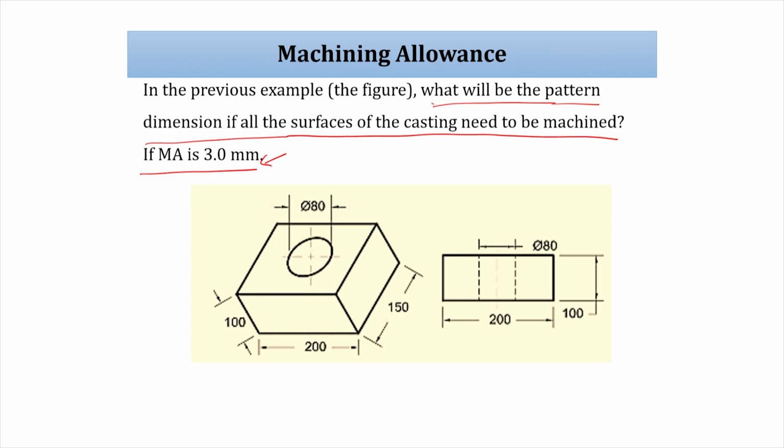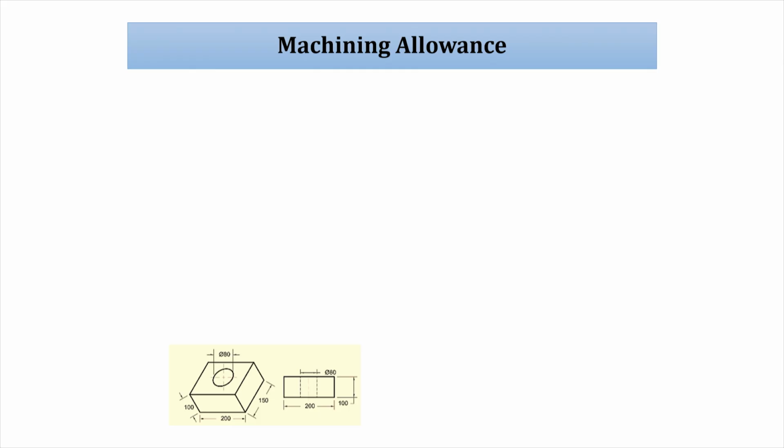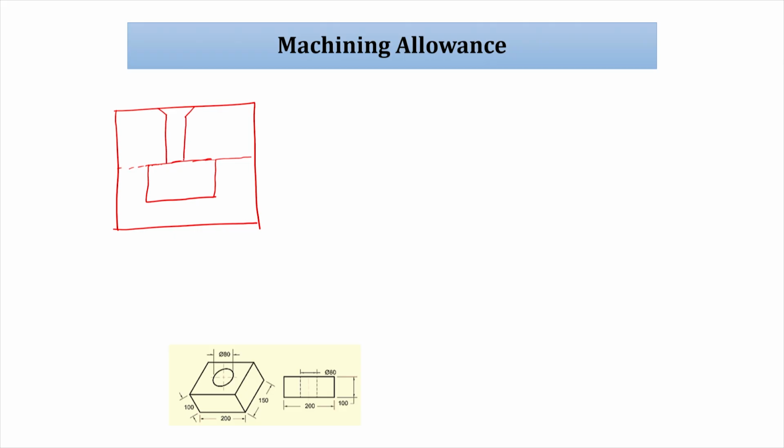So, you do not have to think too much, you have to follow this numerical problem according to the given chart. Okay. So, first you have to decide where you are going to keep this, in cope and drag or parting plane. So, I am assuming that this is my mold and this is my parting plane and this is my initial design: 200 mm, the height is 100 mm and the internal diameter is something like 80 mm.